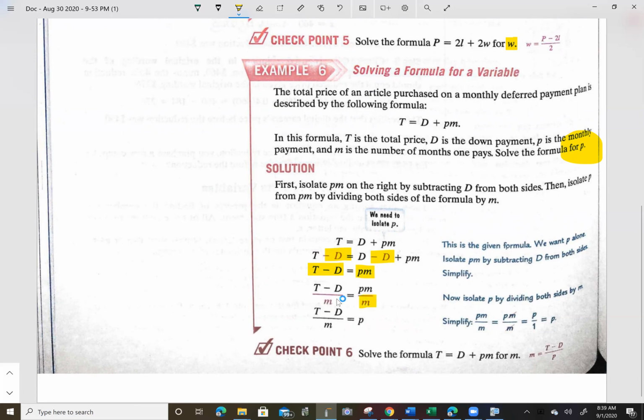We divide both sides by M. P is by itself. P is just equal to T minus D divided by M.